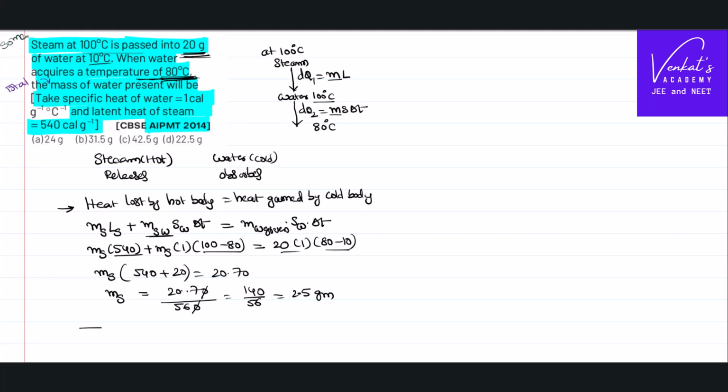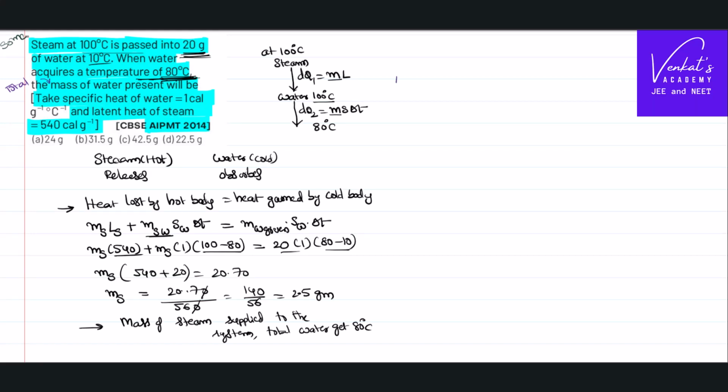What I have calculated is the mass of steam supplied to the system so that the steam-converted water as well as the total water gets to a temperature of 80 degrees centigrade.